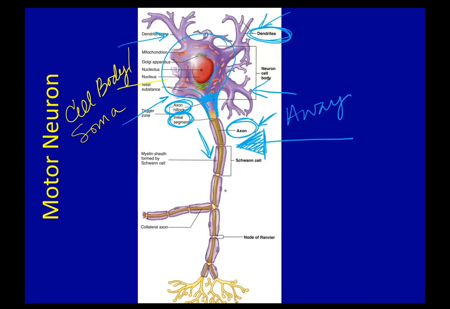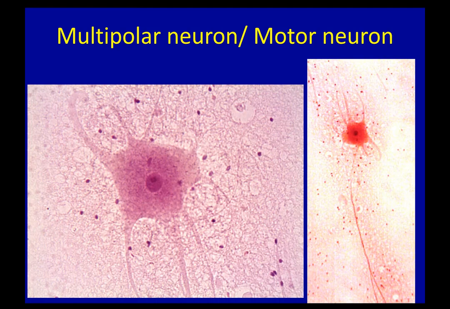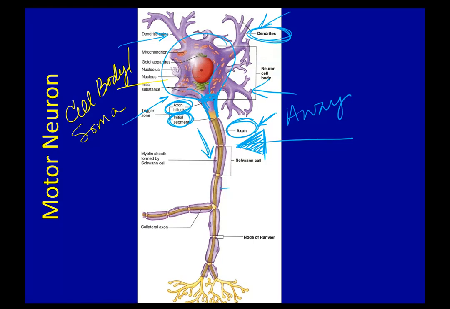Now, these little guys here that look like purple tamales are actually part of the neuroglial cells. Those neuroglia that I was talking about earlier actually act in the same way that an ACE bandage would if you sprain your foot.